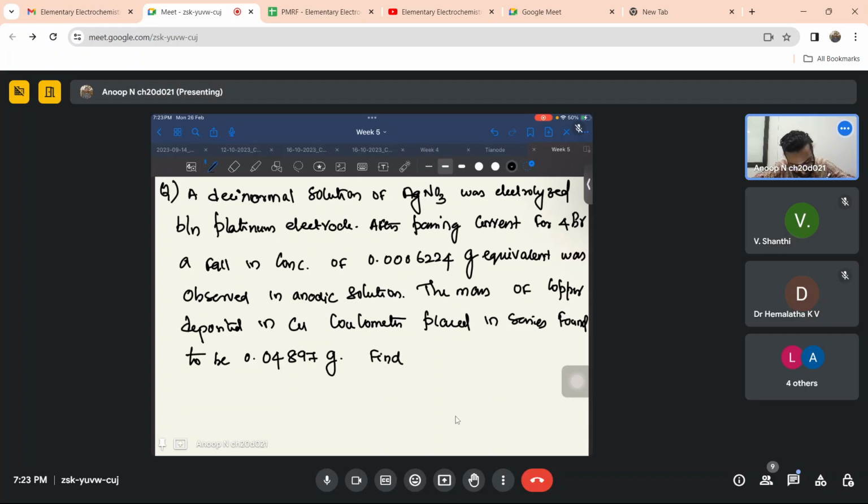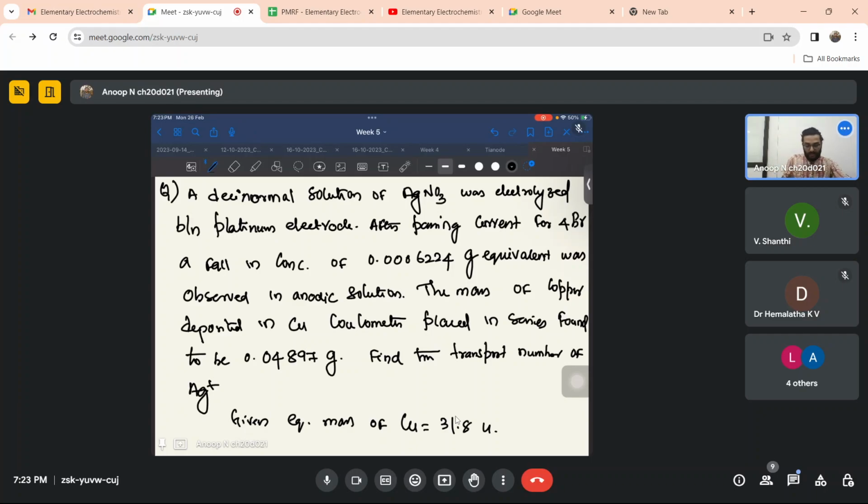Find the transport number of Ag plus. Given equivalent mass of Cu is equal to 31.8. So here we have to calculate the transport number of Ag plus. Hope the question is clear.